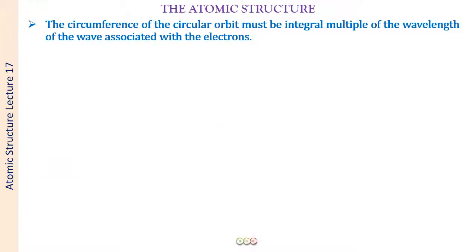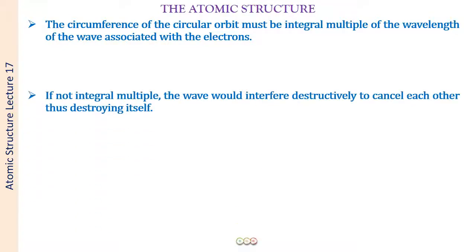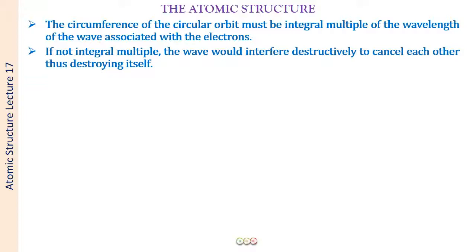So the circumference of the circular orbit must be an integral multiple of the wavelength of the wave associated with the electrons. Now it is clear to you that the circumference, that is 2 pi r, should be an integral multiple of the wavelength, n into lambda. And if it is not an integral multiple, then the wave would interfere destructively to cancel each other, thus destroying itself, right?